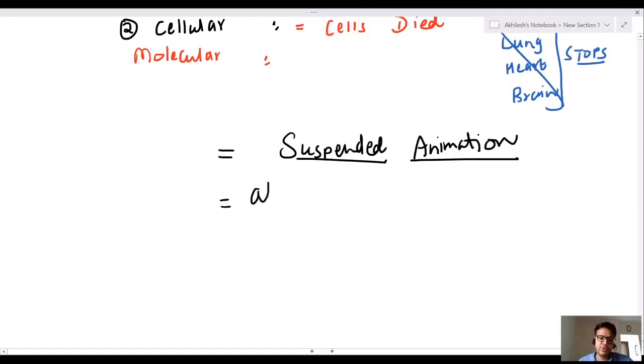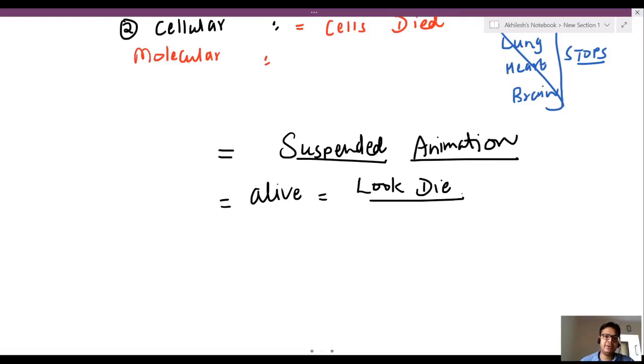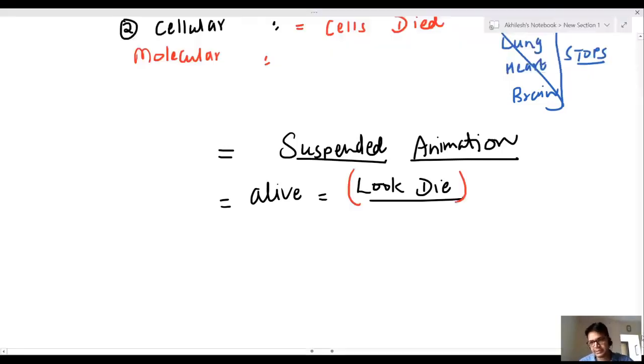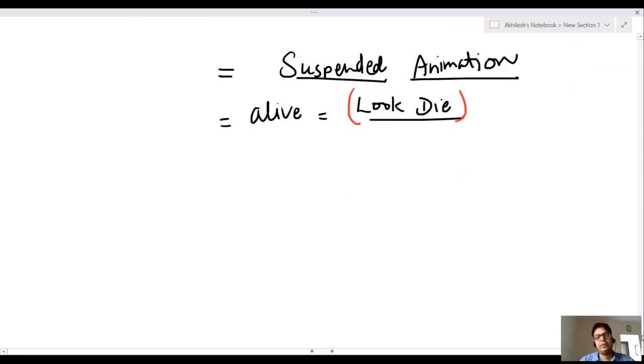Actually you are alive, but you look dead. This condition is known as suspended animation because of decreased metabolic activity. You are alive. What are the examples? A, B, C, D, E. A for after anesthesia, prolonged anesthesia.